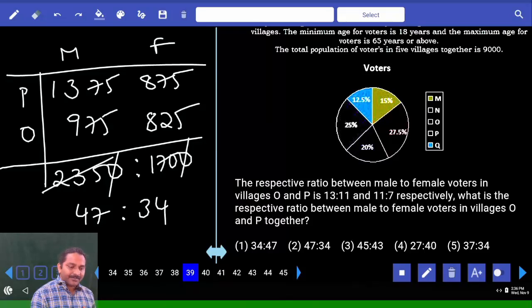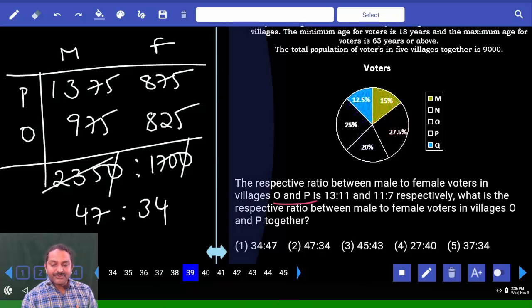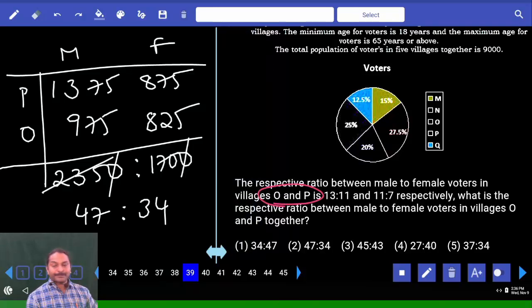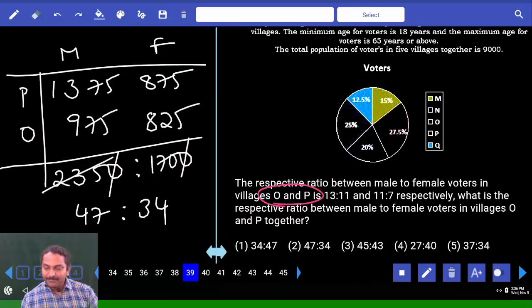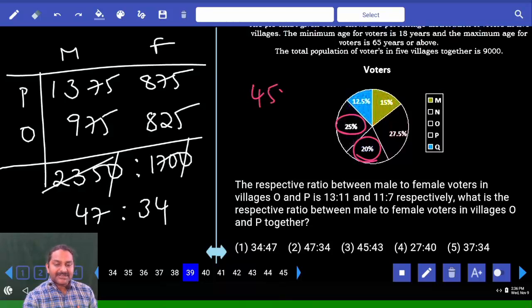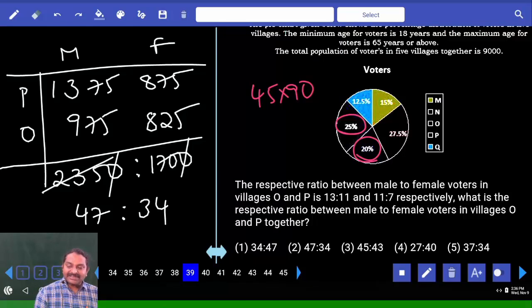Are you done? Right. So, which villages are involved? In O, what percentage do we have? Come on, 20%. And in P, 25. Total 45% in the sense 45 90 times, right? Right. So now you need to make sure if that is divisible by given numbers or not.